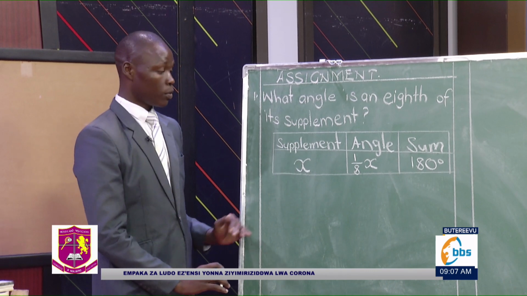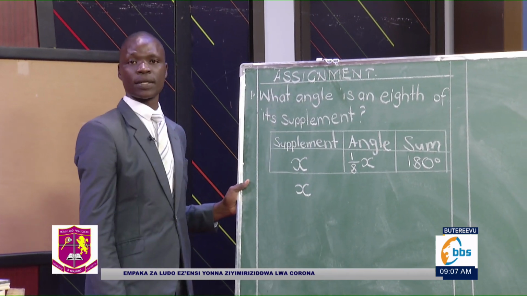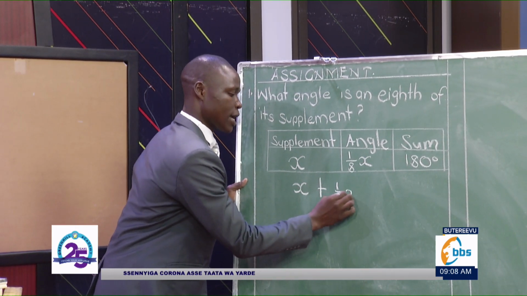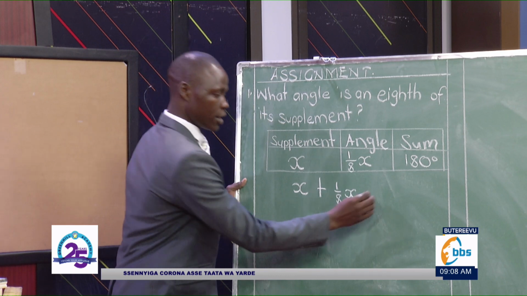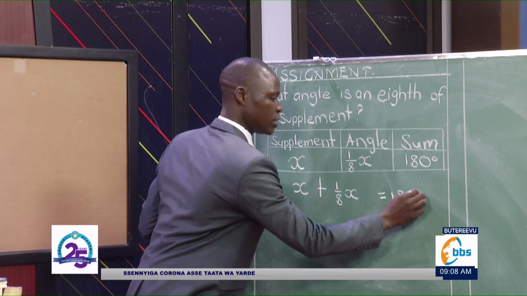We shall now have to work out this one. When we get x plus 1 out of 8x, this one gives us 180 degrees.